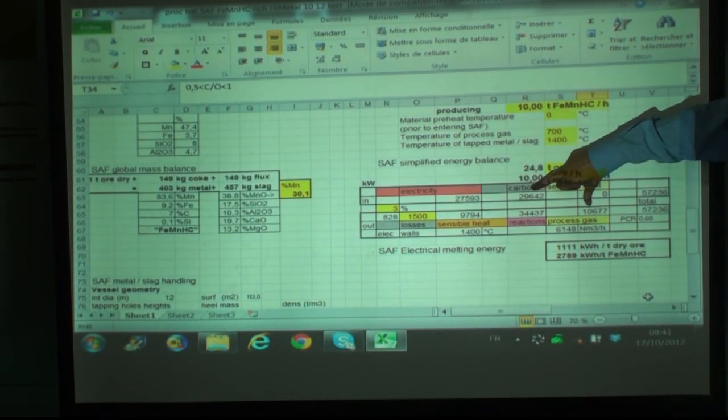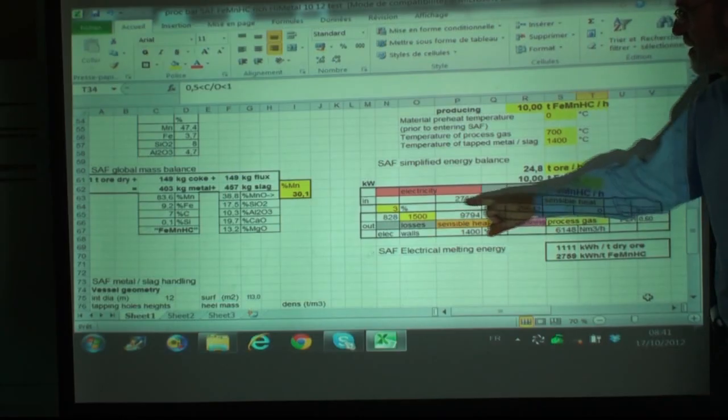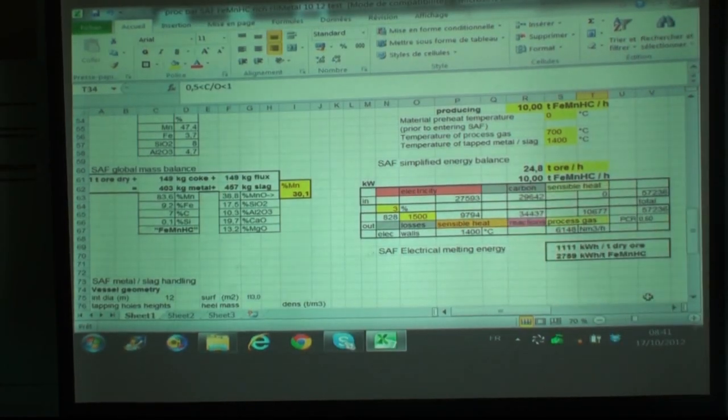So the difference is about the same. Meaning I put more carbon energy in, but I lose more carbon energy just because I have more CO gas, because PCR is worse. But the result here is about the same.